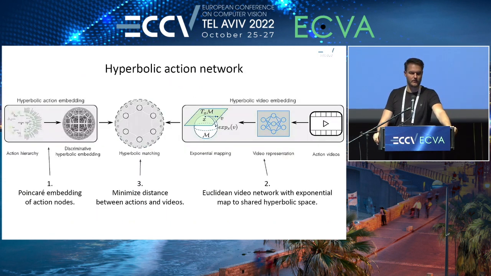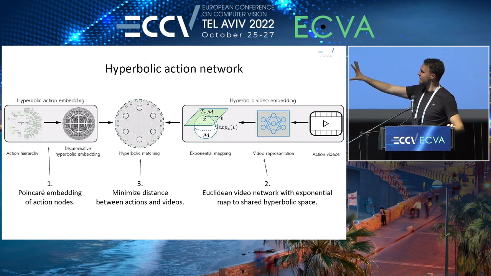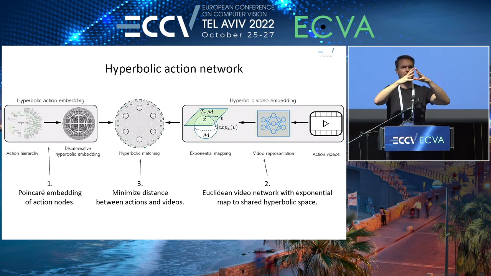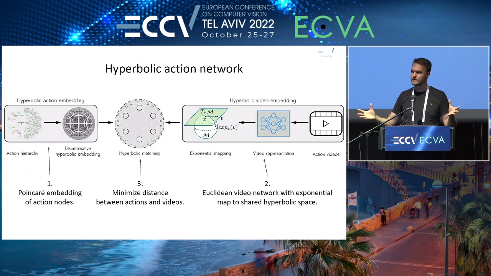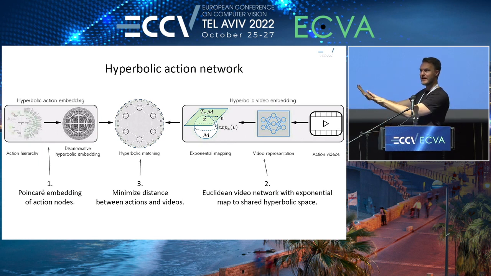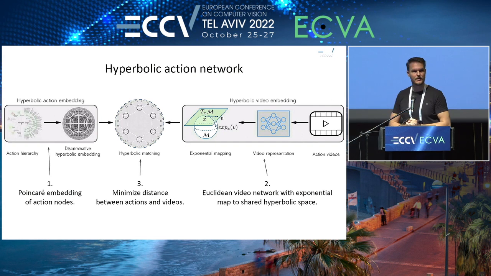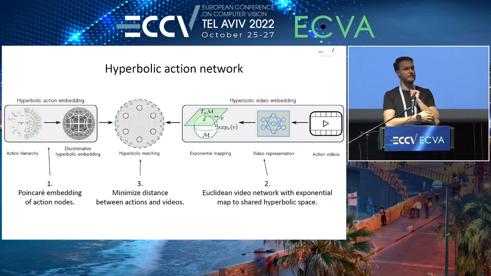So this is how it roughly looks. So they did the Poincaré embeddings on the left. I think they did the entailment cones. So they just have a hierarchy of actions. Let's say you have a specific action that is, let's say, a sports action, and then it forms a hierarchy with other actions. You embed that hierarchy into hyperbolic space, and you keep that fixed.